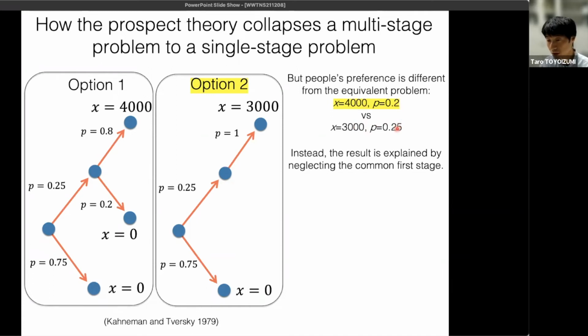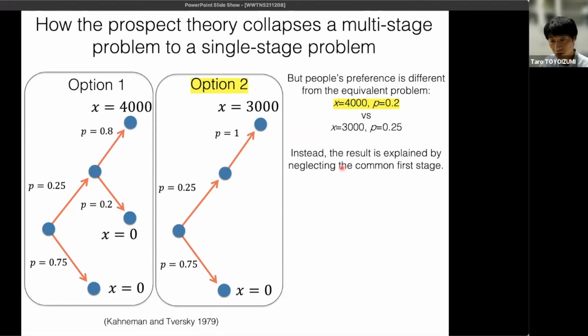And in this case, people gamble and go for the high risk, high return option, and go for this one. And that's different from people's preference of option 2, seeking to get 3,000. So the naive conversion doesn't work.